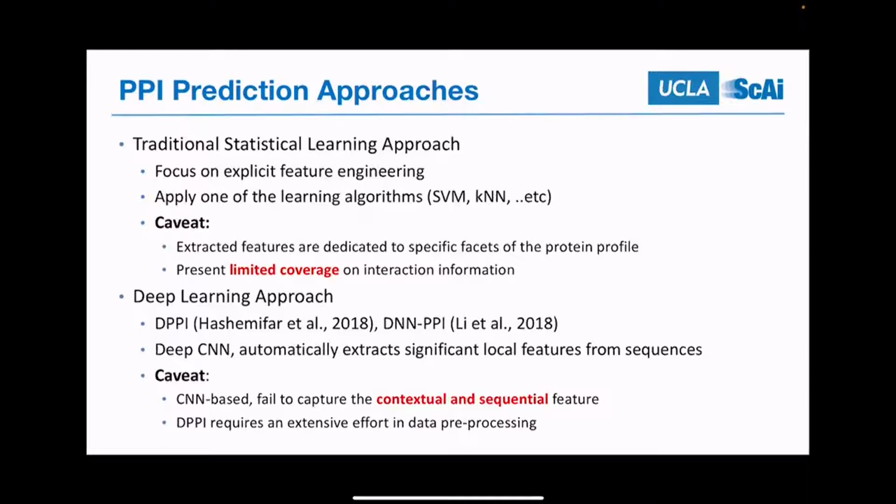So basically, they pretty much lose the contextual and sequential features of the protein sequence and also between the interacting pairs. And some approaches, such as DPPI, require quite extensive pre-processing because they have to use SciBlast to pre-process all the known sequences and then build a map of possible similarities.